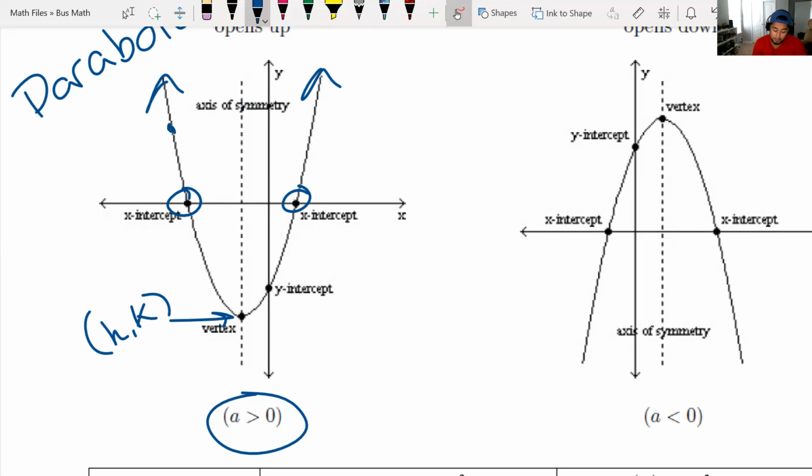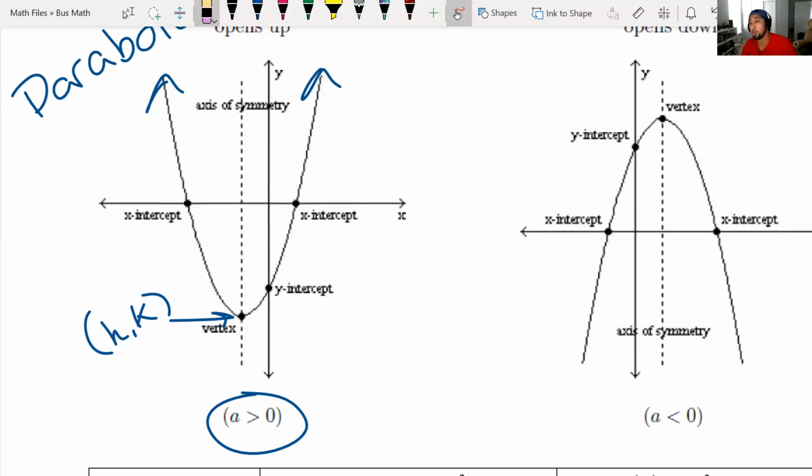Meaning if I have a point here on the parabola, I can reflect it across the axis of symmetry to get another point there. So if we need help finding points or plotting points, the axis of symmetry becomes our best friend. Those are characteristics of a parabola that opens up.